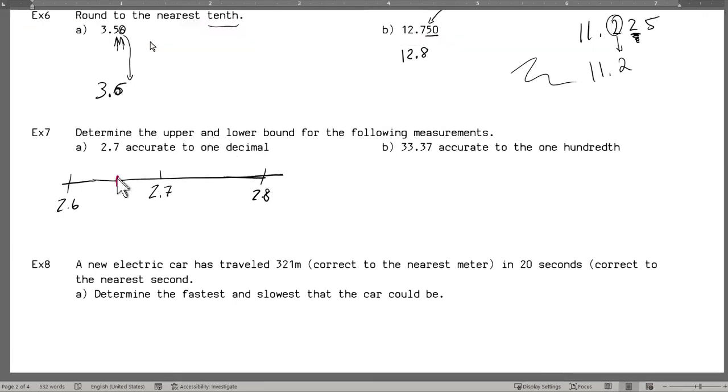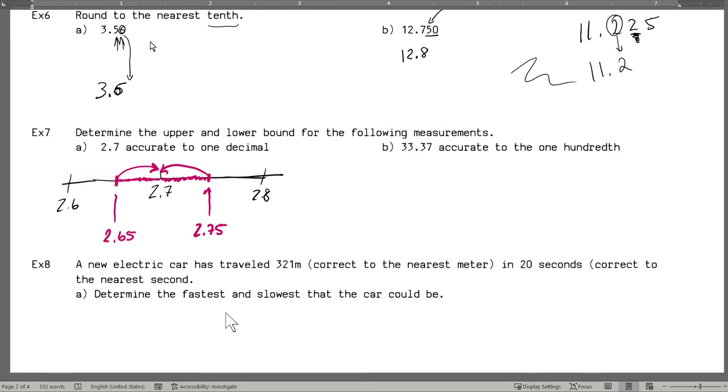If I were to start right here at, for example, 2.65, and then go, any number in this area would have been rounded to 2.7. Then up here at 2.75, which is right there, all of these numbers also would have been rounded to 2.7.